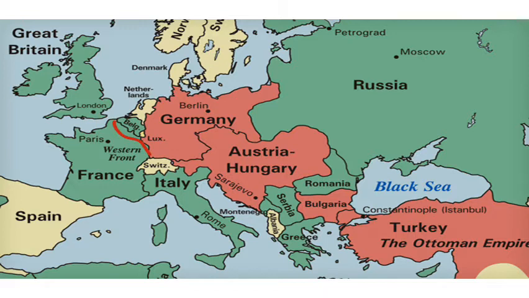So what happened was Austria-Hungary and Germany were strong allies or friends with each other militarily. Austria-Hungary, a powerful empire, exerted a lot of control over Serbia, Yugoslavia, and most of the Serbians did not want that. They wanted total freedom.